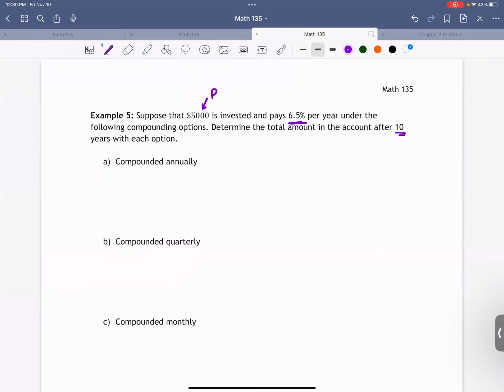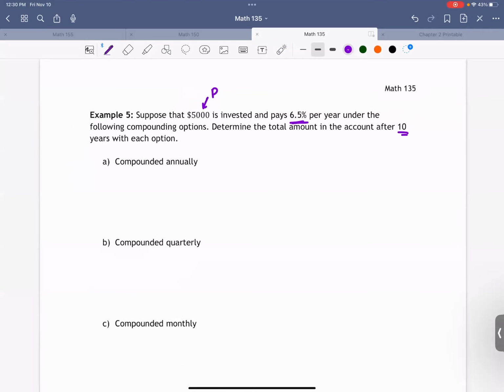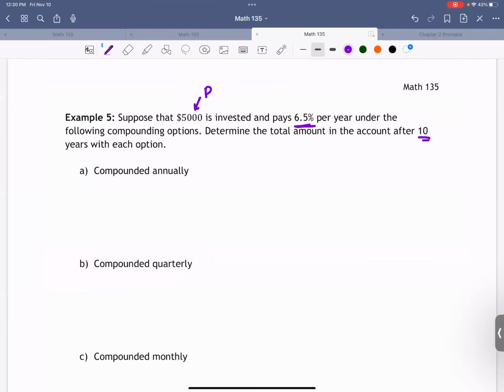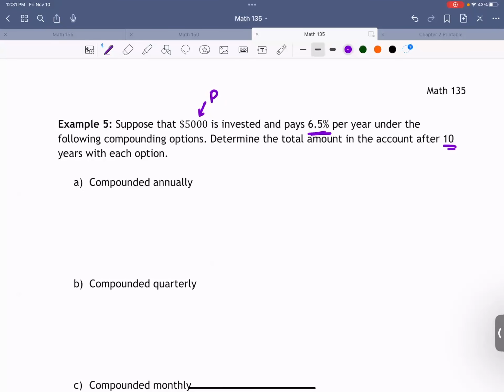Okay. Let's see. Yeah, we're gonna have to see which one is better. Okay. So if we compound annually, well, now we're not compounding continuously.